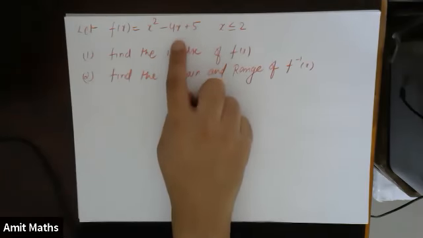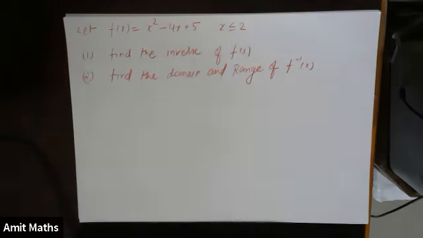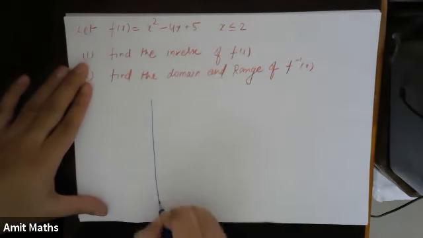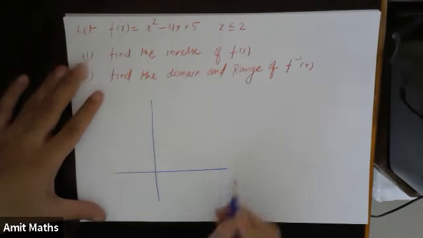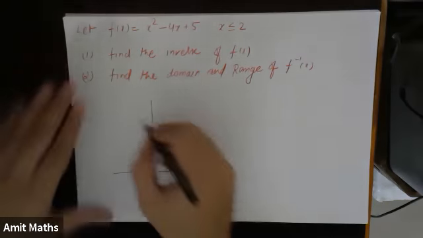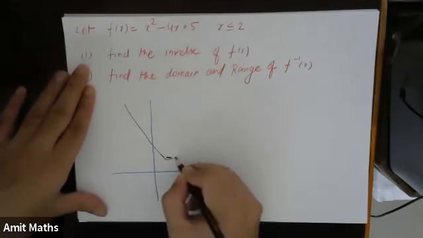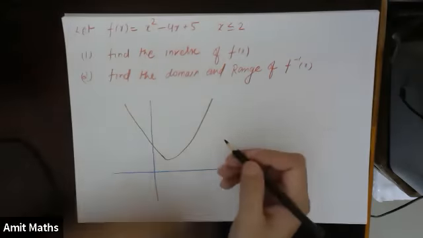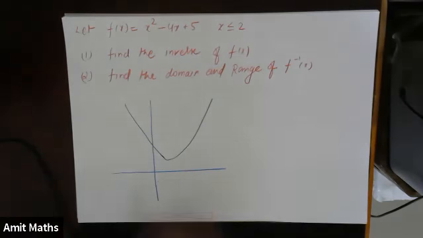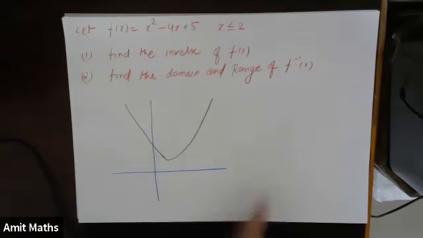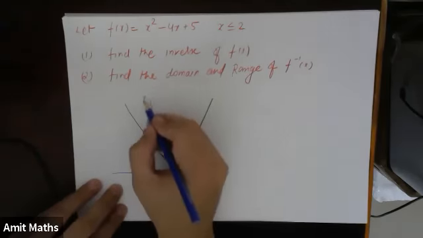If you try to find out the vertex for this one, the expression will look something like this. This is an upward facing parabola with imaginary roots. That means this will never intersect the x-axis. So this is the x-axis, and this is the y-axis.